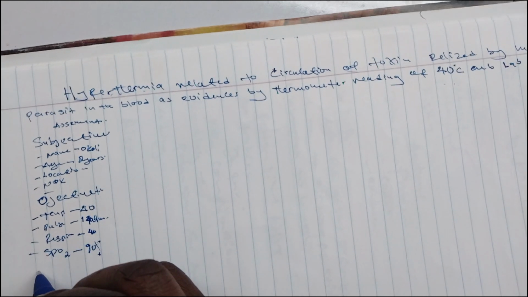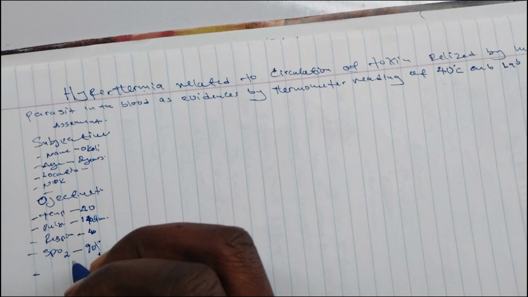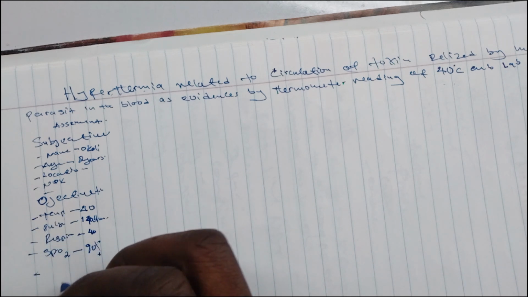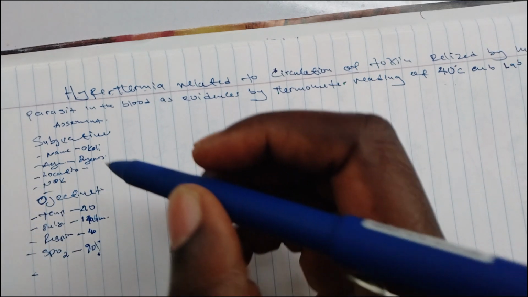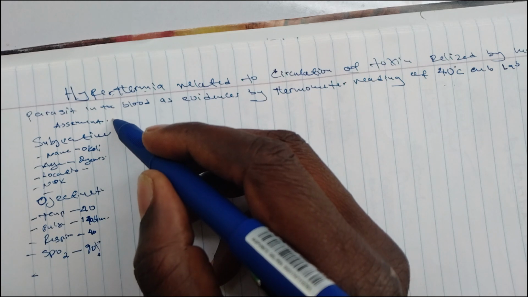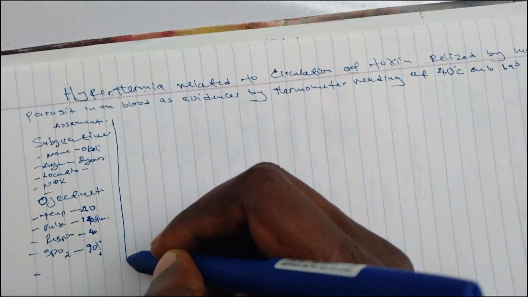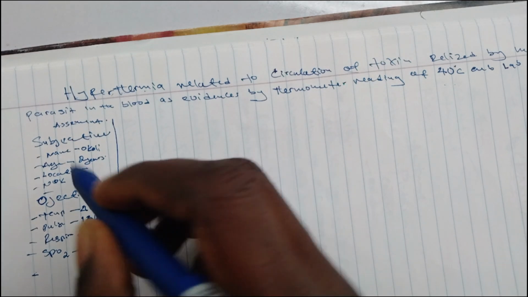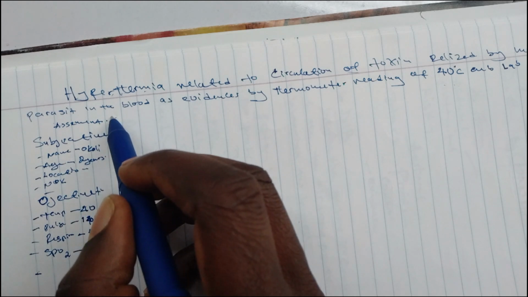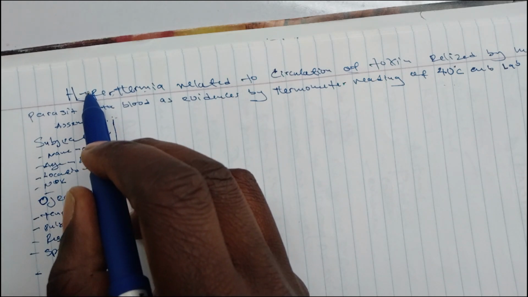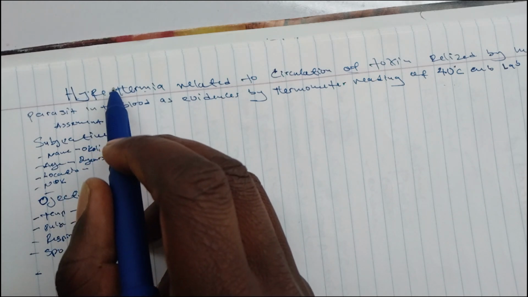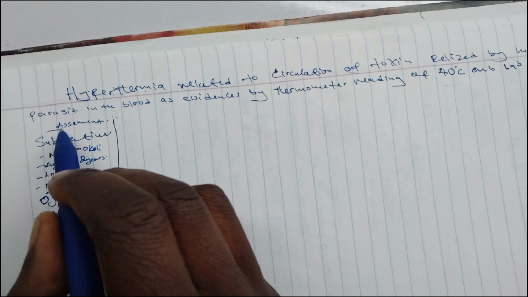And then anything that you can measure under objective data, you write them down. So this is our objective and subjective data. We are supposed to come to nursing diagnosis, but it has already been given to us.